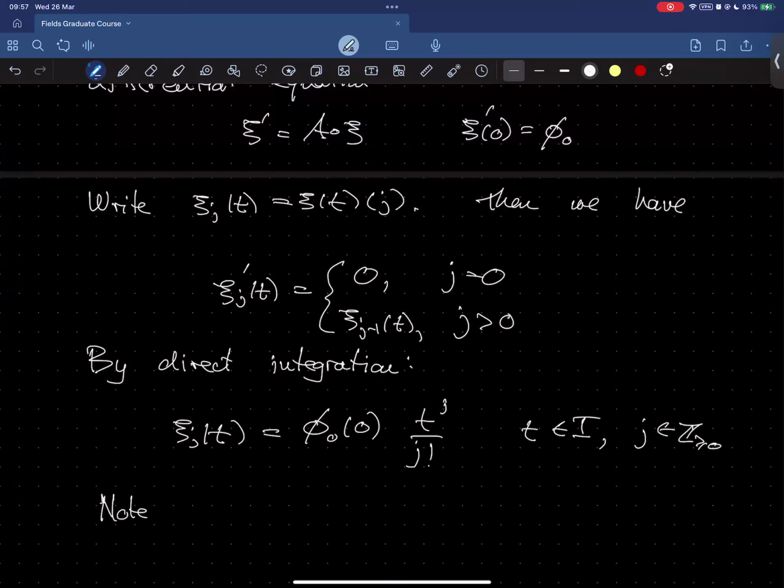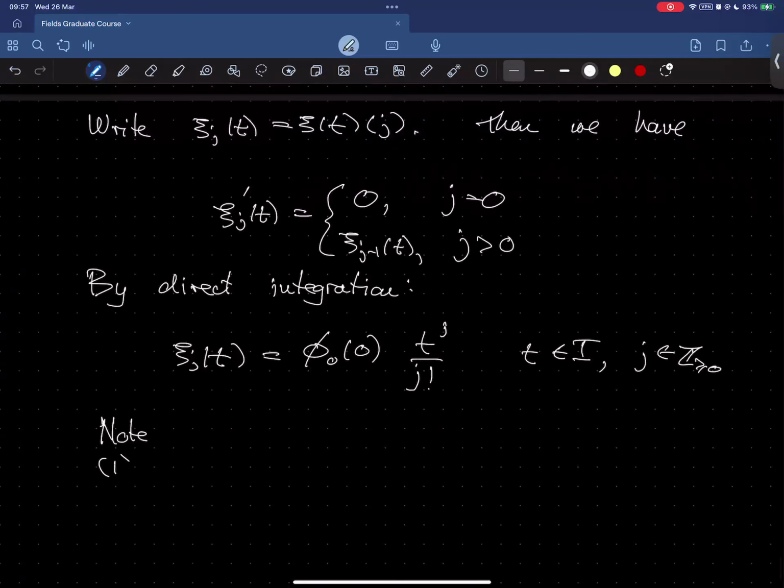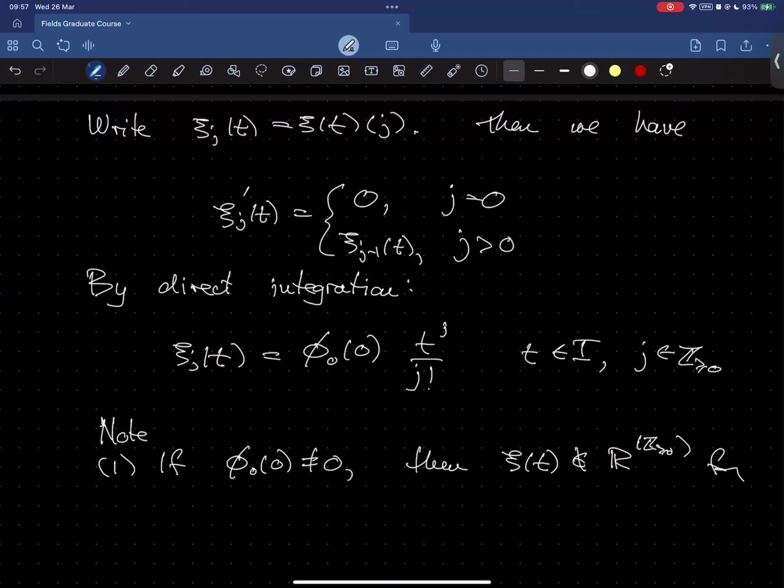Okay, good. So we make a few observations from this. If phi 0, the initial condition, is not equal to 0, then C of t is not in the direct sum for t not equal to 0.